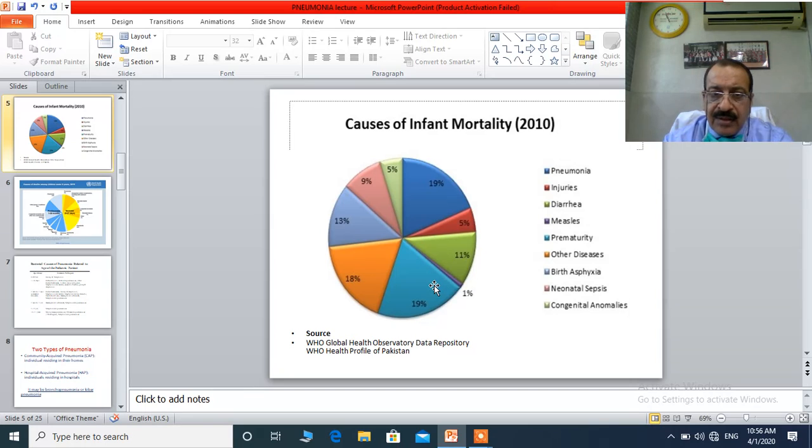Prematurity is another important cause of death in infants, and this is followed by diarrhea, which is particularly common during the summer season, and it accounts for a large number of deaths in infancy.